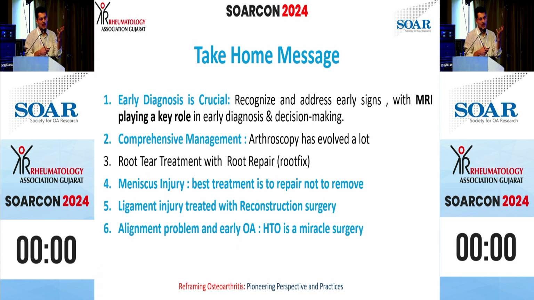If you have an MRI diagnosis of a complete root tear, it is better to do a root repair with a root fix device. For meniscus injury, again, you need to repair them, not do a meniscectomy, because a meniscectomy will not prolong the life of the knee; the progression will be the same. If you do a meniscus repair, you can actually delay the progression of osteoarthritis.